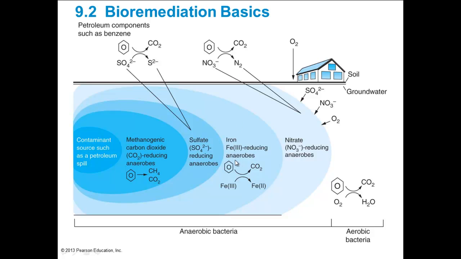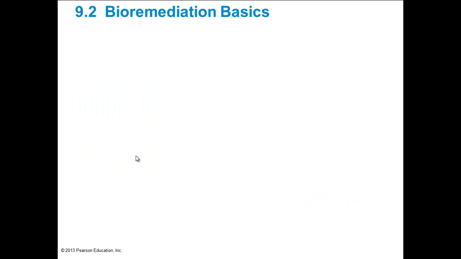Once iron 3 is depleted, you get sulfate-reducing organisms. Once sulfate is depleted, you get methanogenic organisms, which produce methane in the presence of carbon dioxide. So know those terminal electron acceptors, know what we call the bacteria, and also know the order in which contaminants are degraded when they're encountered in the groundwater.